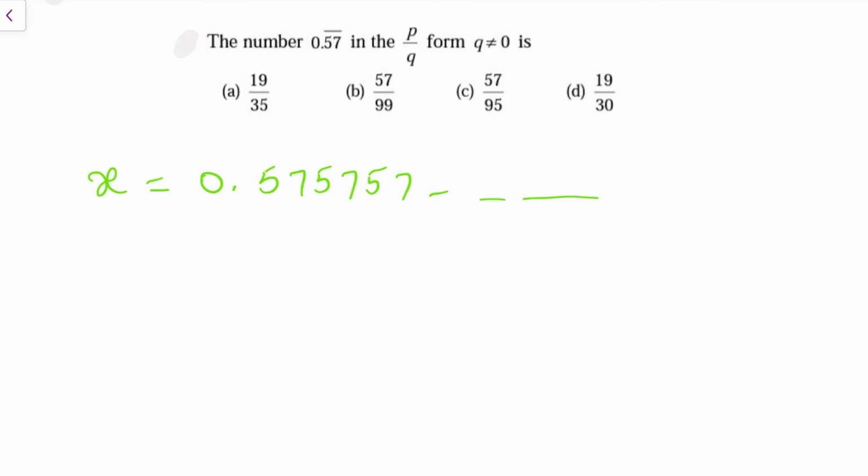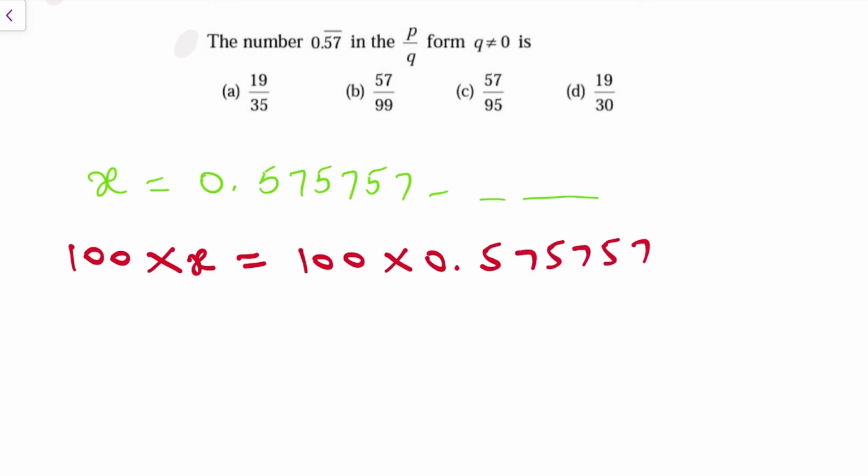So it will become 100 into x is equal to 100 into 0.575757 and so on. 100x, we are multiplying with 100, so the decimal will move 2 digits toward the right side. So the decimal will come here now.